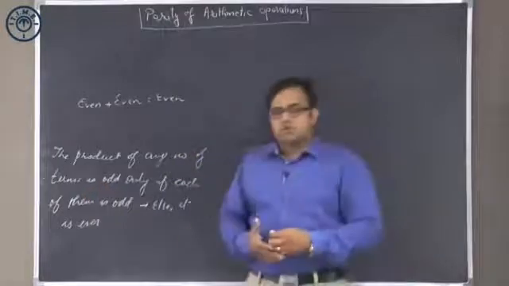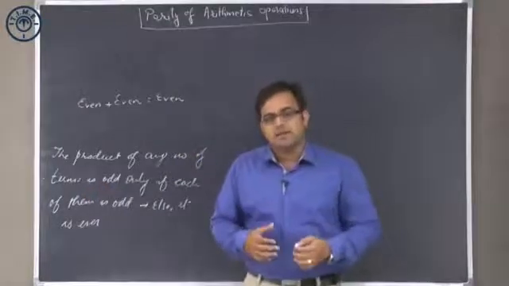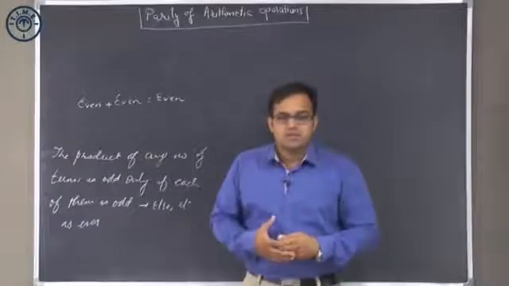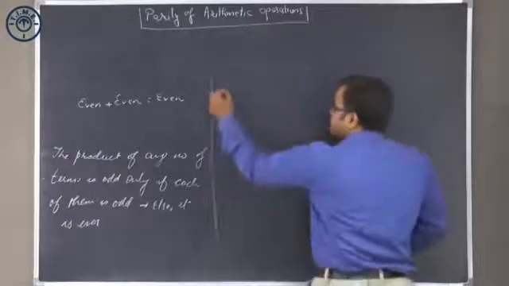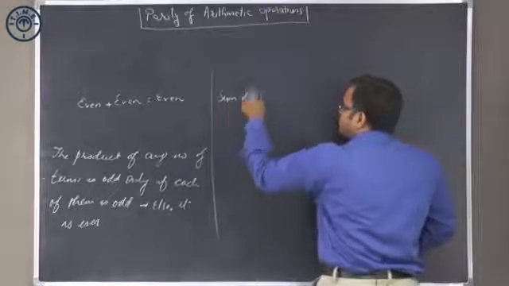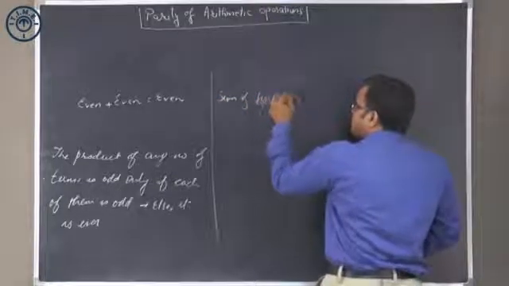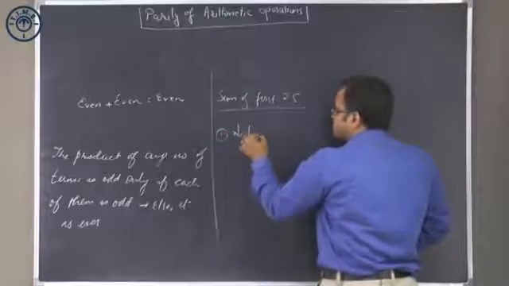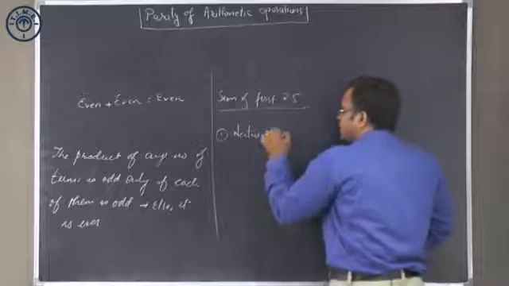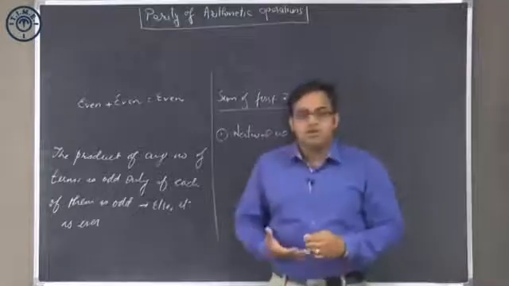So now on the basis of this, let's understand this better and look at a couple of simple examples. Let us say I am adding the first 25, the sum of the first 25 natural numbers.